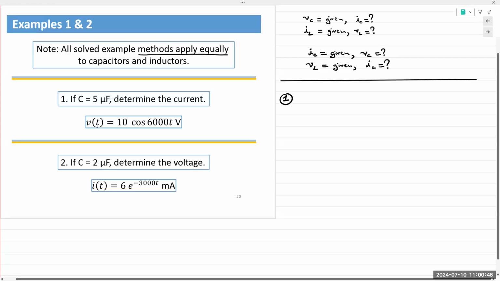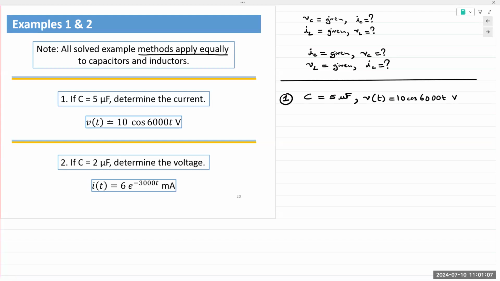In example 1, we are given capacitor value of 5 microfarads. And we are given the voltage that is applied to this capacitor: 10 cos 6000t volts. Now, we don't know anything about the circuit, and we don't really care what the circuit is or what it does.